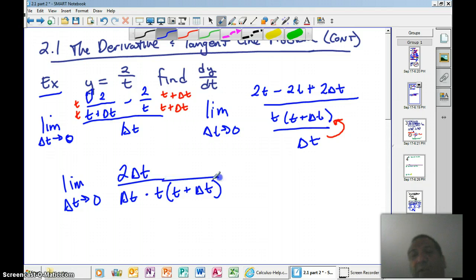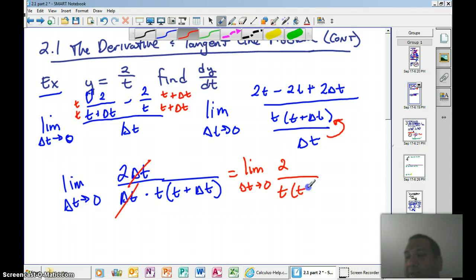Well, this is all a factor on the bottom, so I can do some canceling. They cancel. So I'm just left with the limit of 2 over t times t plus delta t.